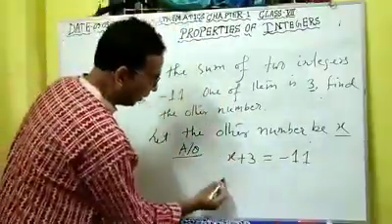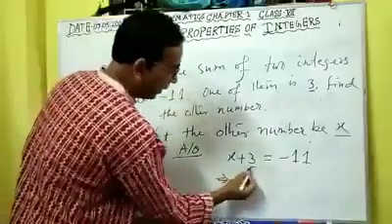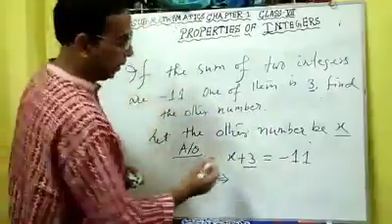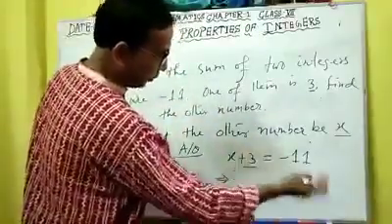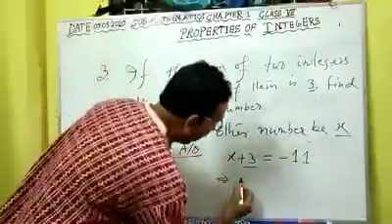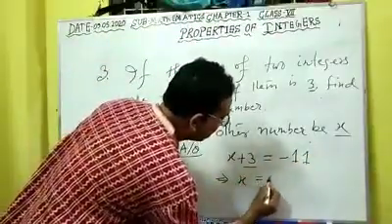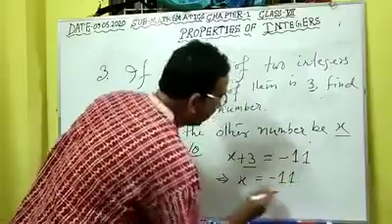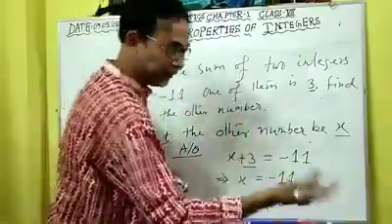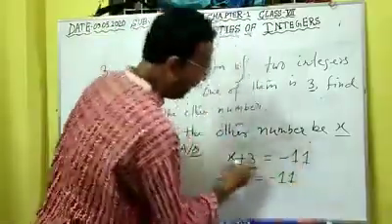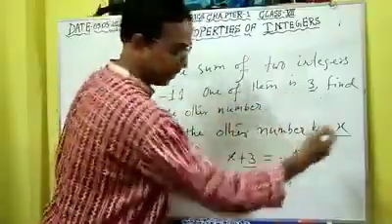Now, plus 3 has to transpose to the other side. So x is equal to minus 11, and plus 3 becomes minus 3 when it transposes to the other side.